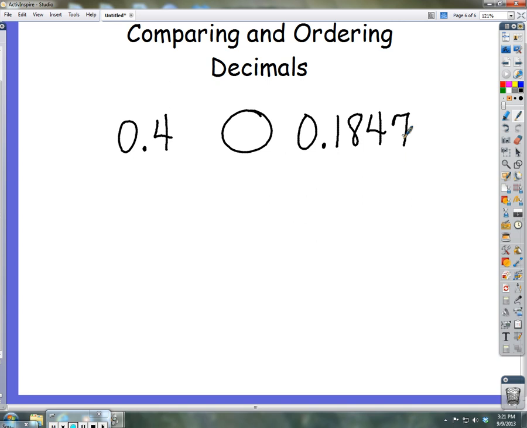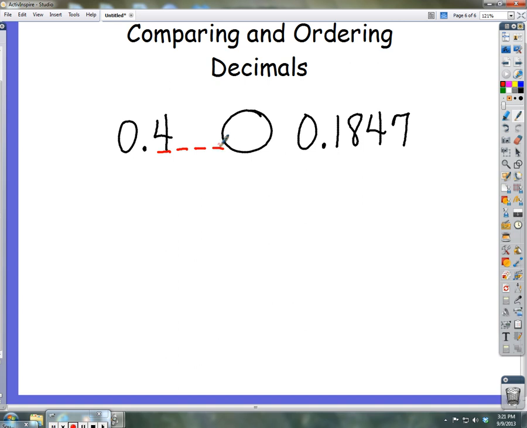So first of all, I can add zeros to the end of my decimal number to make them both equivalent out to the same place. Since this number goes to the fourth place behind the decimal, I need this number to go to the fourth place behind the decimal.